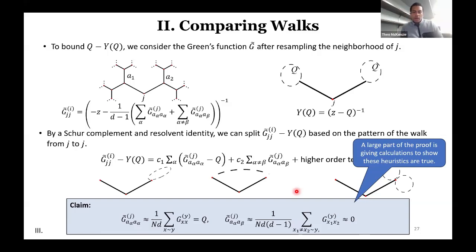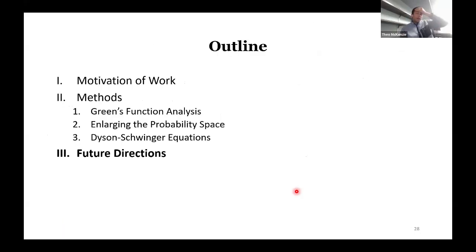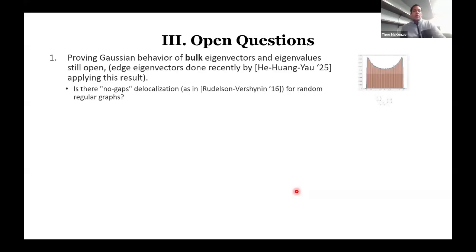Okay, so I'll just end by giving some future directions and open questions associated with this work. As you've all mentioned earlier, or as the question asked about this, this really gives statistics at the edge of the spectrum. From a statistical physics perspective, it'd be quite interesting to also generalize this type of technique to the bulk of the spectrum, so for example, eigenvalue lambda n over 2.